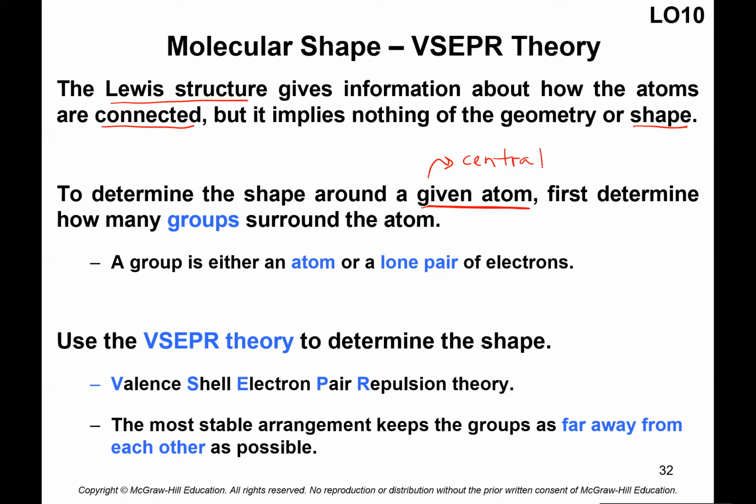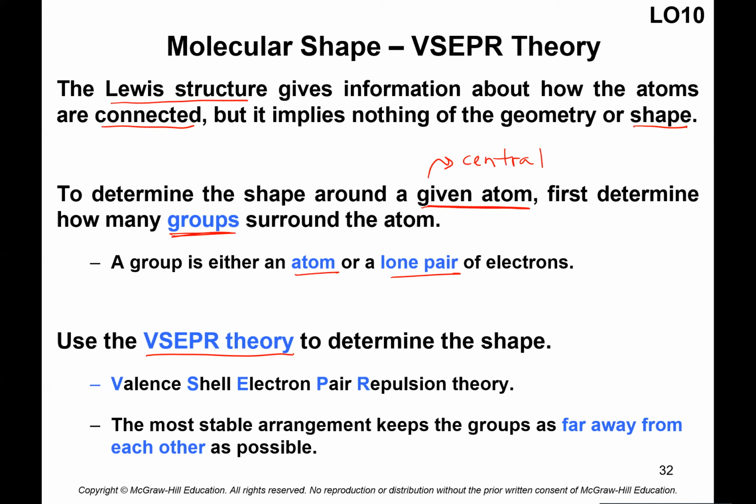And when we do this, we first determine how many groups surround the atom. Here, a group is defined as either an atom or a lone pair. And we will do some examples of this in a minute. The theory that we are using to generate these descriptions of the shapes of molecules is called VSEPR theory. All you really need to know here is that this is the theory that justifies us being able to assign the shapes we're going to talk about in just a minute.